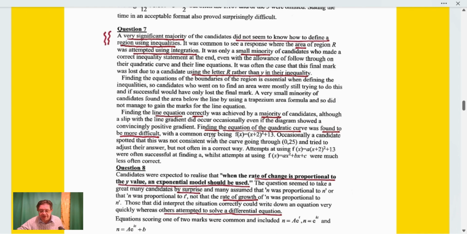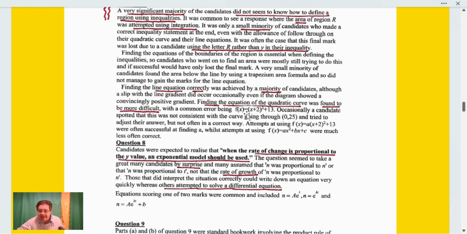Finding the equation of the quadratic curve was found to be more difficult, a common error being to neglect the a, the constant, in front of (x + 2)². So once again, doing questions of this sort and making sure you can get them right should give you an examination edge.